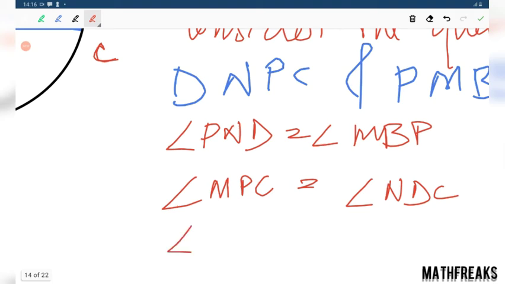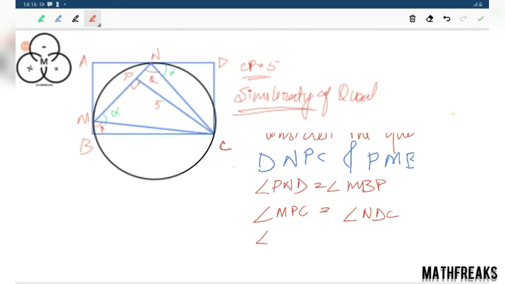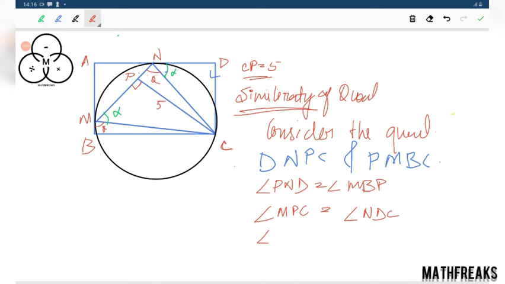And which angle then? MPC we have already seen. Oh, we are considering DNPC, so MPC we cannot consider first, right? We are considering that MPC angle.